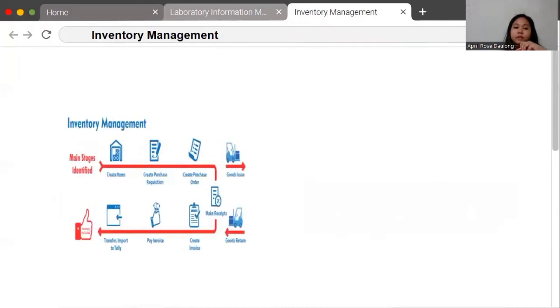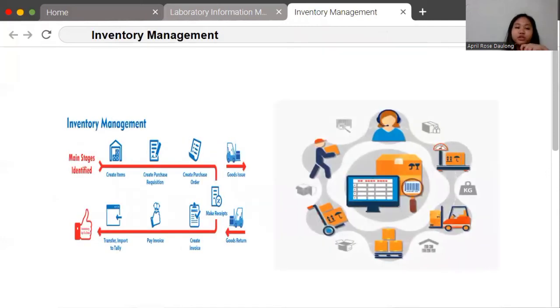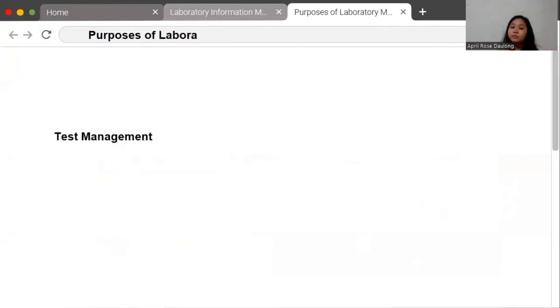So, you can see ni pictures in inventory management: sorter, receive, return.